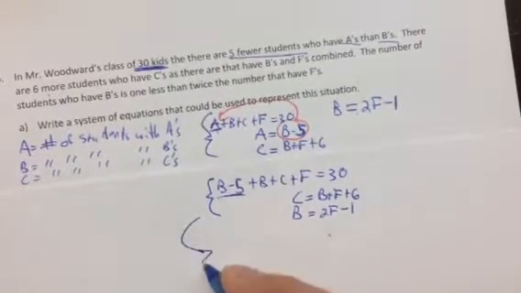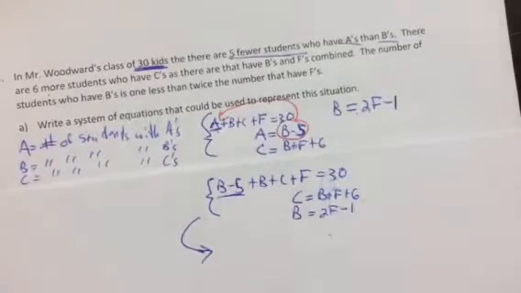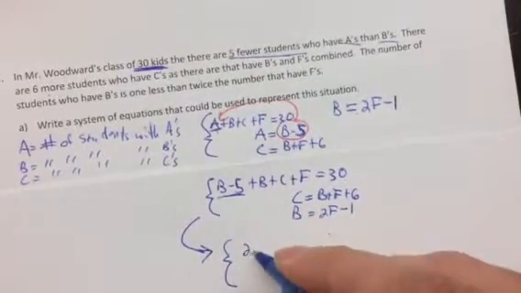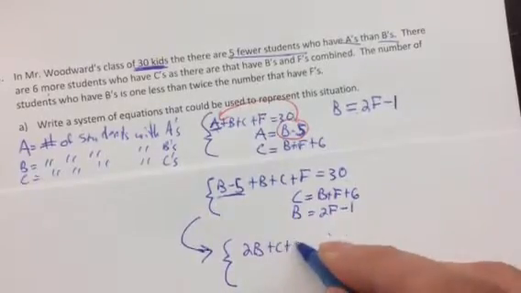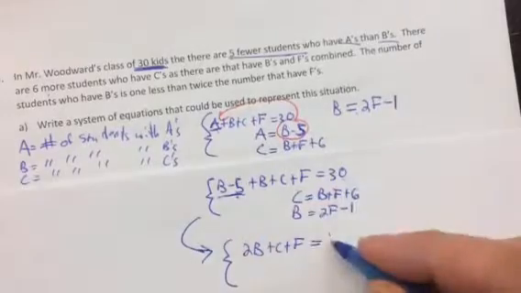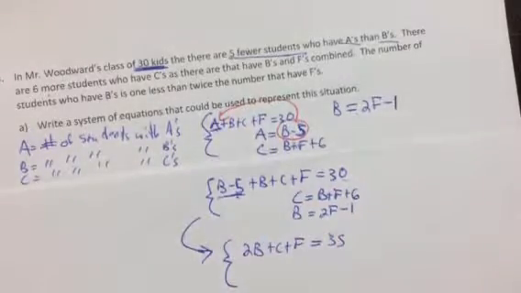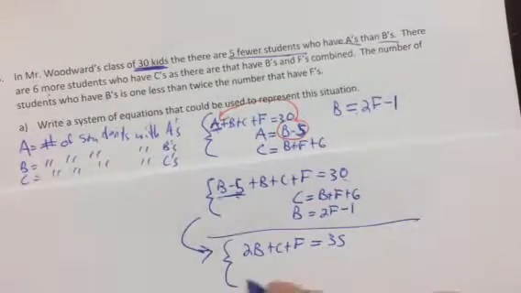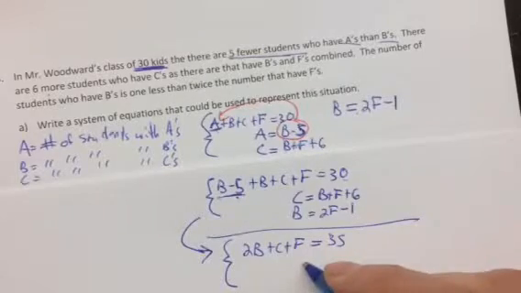We always simplify this. And only the first one can really be simplified, but I'm going to go ahead and do that. I'm going to combine the B's and move the 5 to the other side by adding 5 to both sides. And now I've got my simplified equations.